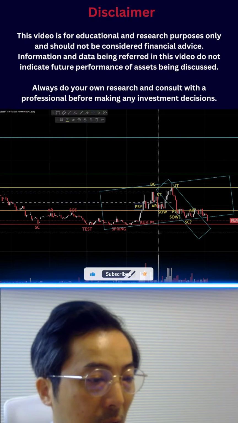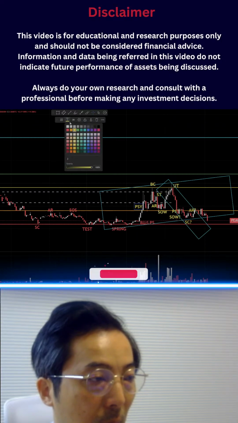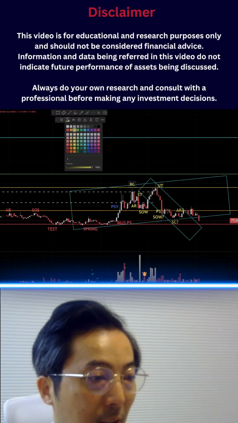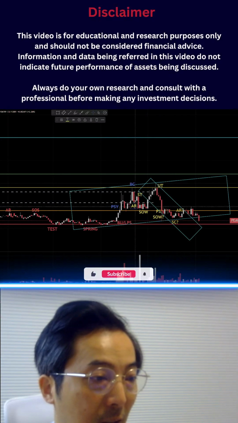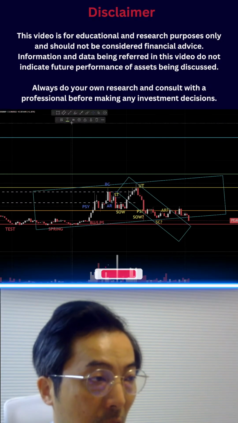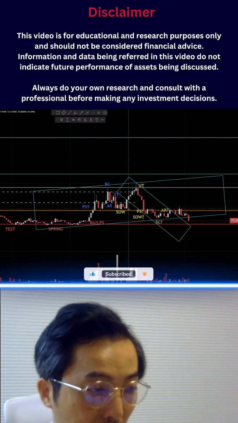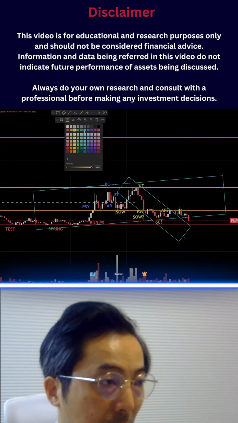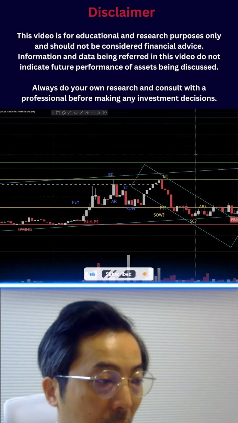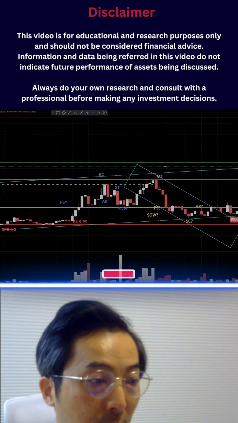So since in the previous session we were still discussing whether this is actually a mini distribution, and now it seems it's been confirmed, I'll change this tag to blue instead of yellow. Blue is the usual color that we use to differentiate the distribution from the accumulation cycle.